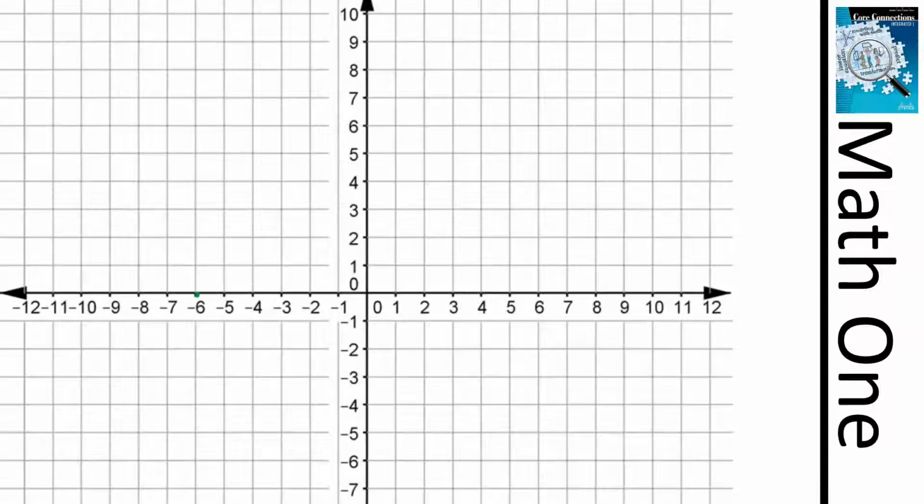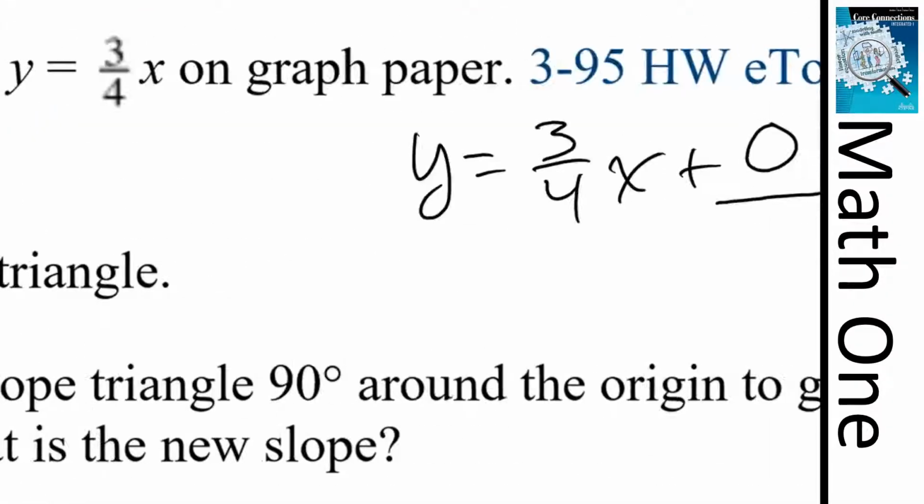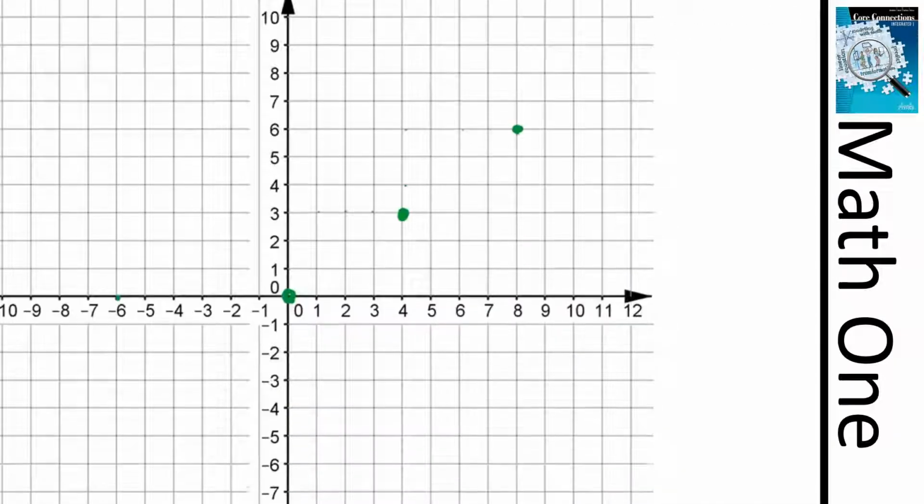I'm going to start at the origin. I guess I'll use green for this. So here's where I begin, and I'm going to go up 3 units, 1, 2, 3, and then over 1, 2, 3, and 4. Again, up 3, and then over 4. Up 3 over 4. Keep going.